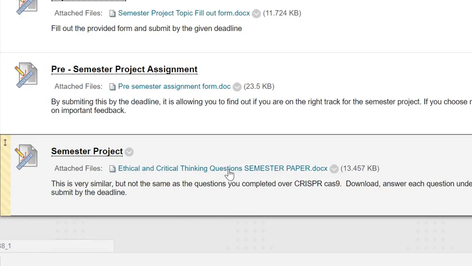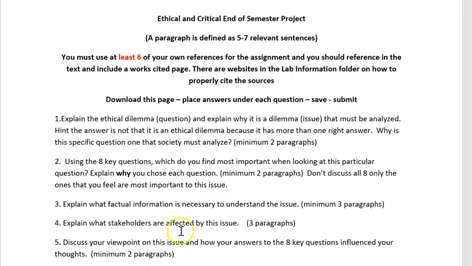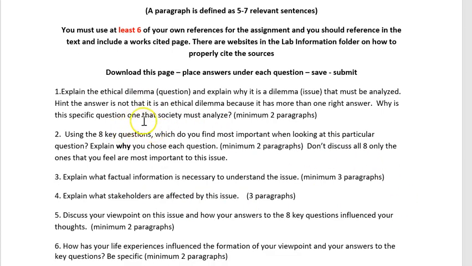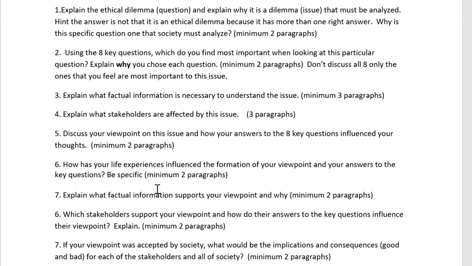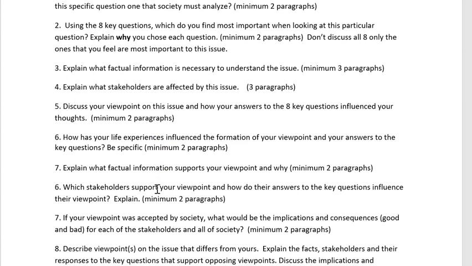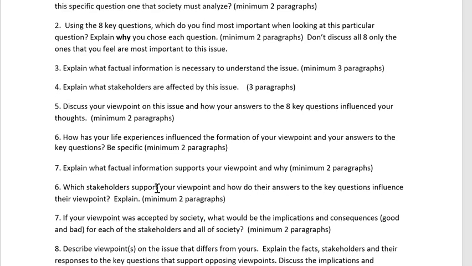It's not really a project, it's not really a paper. These questions are going to be similar to your ethical thinking questions, but there are more of them. So what you're going to do is download this, and then you're going to type your answers in below each question. There are more questions on this than there was on your ethical thinking, so you're going to give me a little more detail. My expectations are going to be higher since you'll have feedback from that ethical thinking paper.